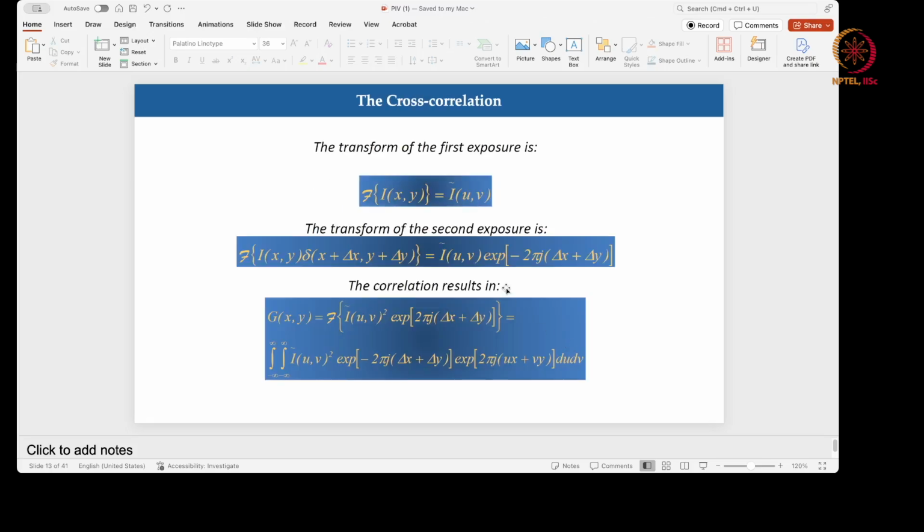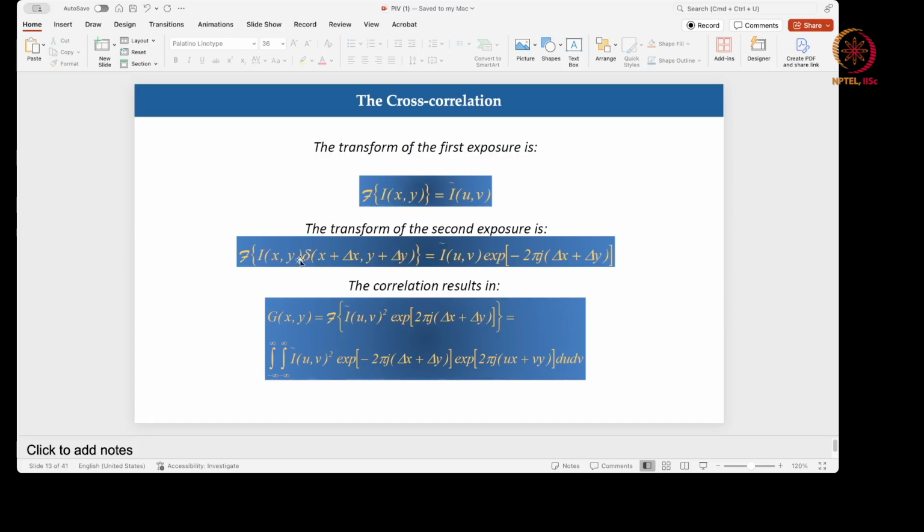The cross correlation, how do you do it with an FFT? You transform the first exposure, which gives you the first power spectrum, and then you transform the second exposure, which has a displacement of delta x and delta y.